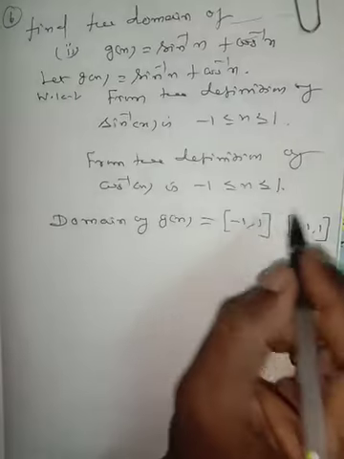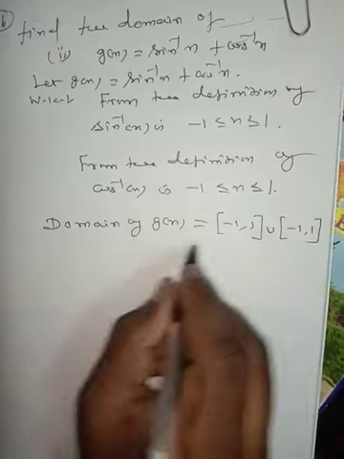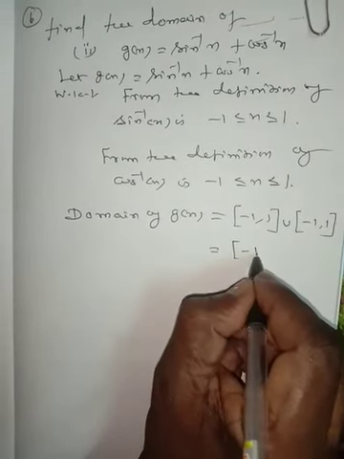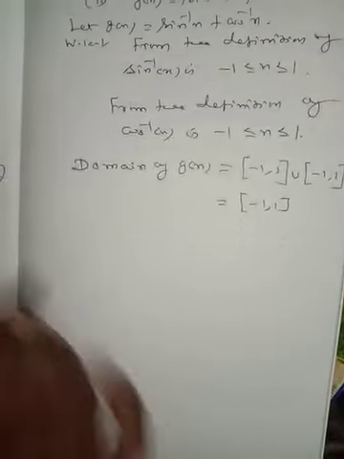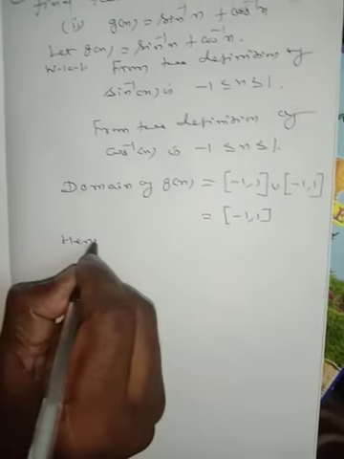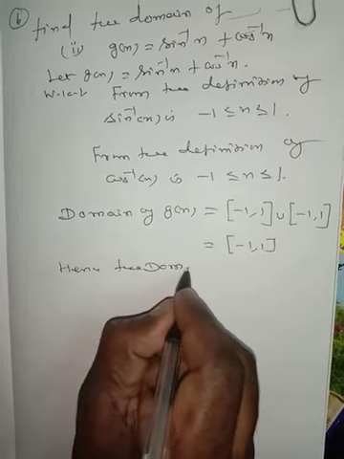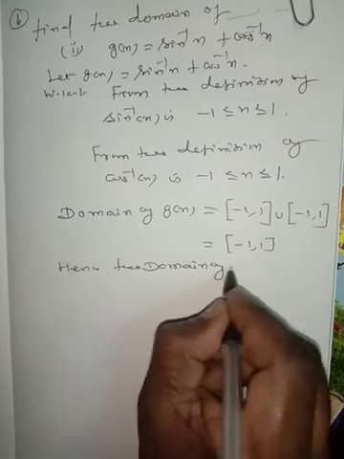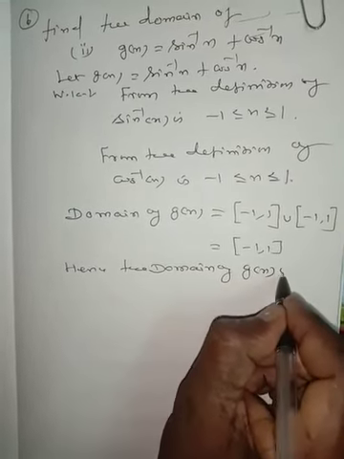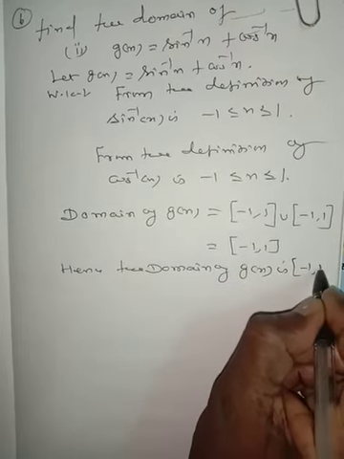Addition is an operation, therefore the union is equal to -1 comma 1. Hence the domain of g of x is -1 comma 1.